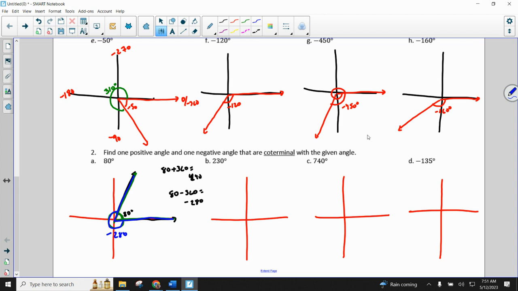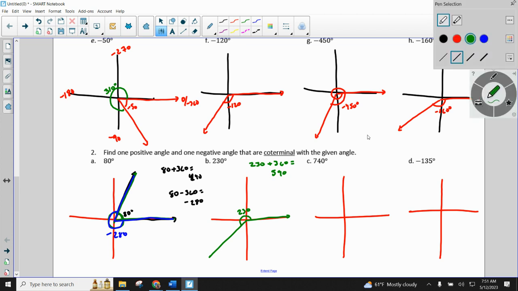Anyways, 230 would be initial side, 180, 230 somewhere in here, right? If we went 230 plus 360, we'd have 590 as a possible coterminal angle.